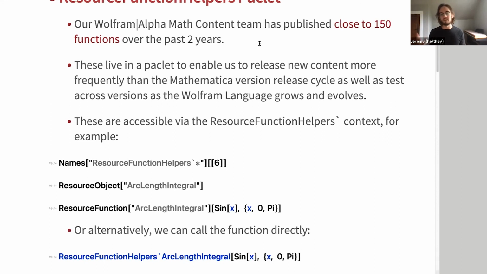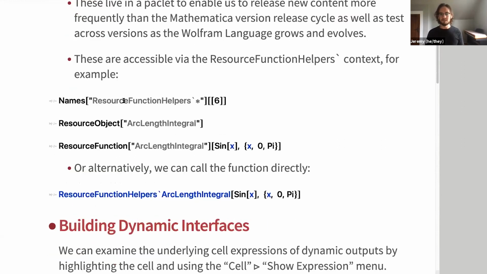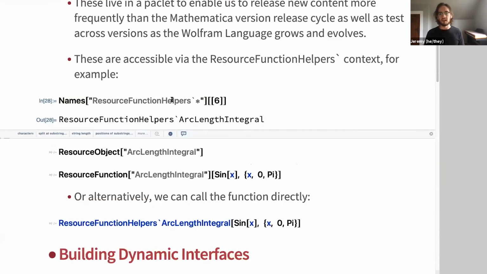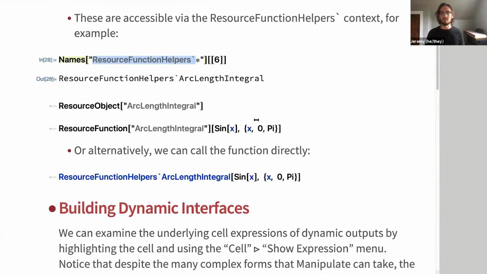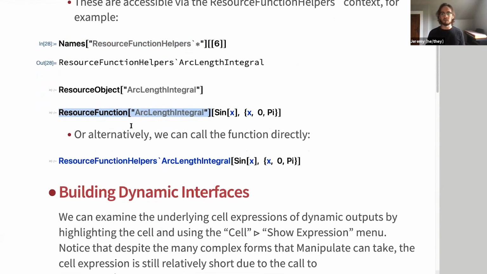There are some sorts of things that you want to be able to do that are common to various math problems. So these are accessible to anybody who wants to. If you just look at the names that are in the context resource function helpers, these are all accessible to somebody who has ever run any of ours, because this will update and install the Packlet appropriately for you.